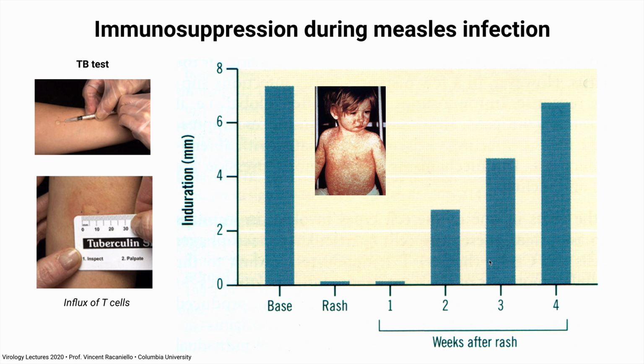So as the child recovers from the infection, the T-cell response begins to recover as well. So a very nice illustration of how infection suppresses T-cell responses, measles infection. And this is one reason why measles virus infection can be so serious, because it causes this immunosuppression, which can lead to other lethal infections.